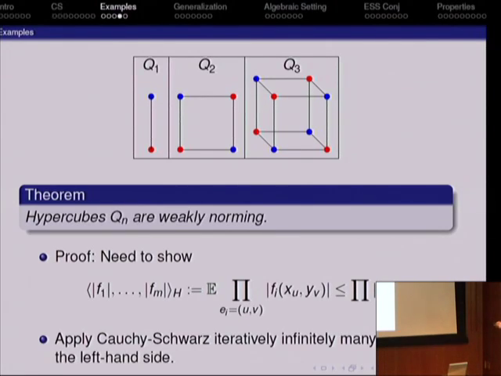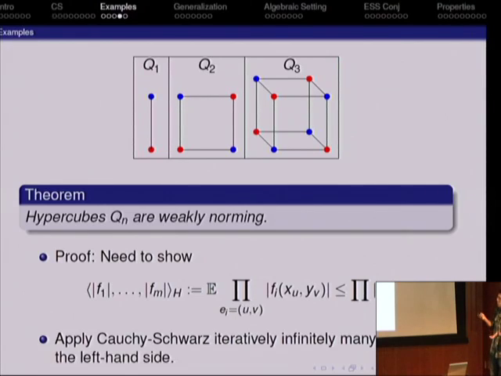This is different. Hypercubes, when we talk about them, remind people of the Gowers norms or the octahedral norms, but this is different. It's the graph norm defined by a hypercube. So it's not the same proof. It's infinitely many Cauchy-Schwarzes in a sense, but it's combinatorial.